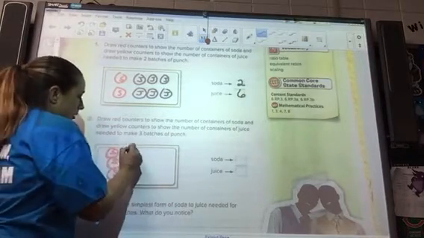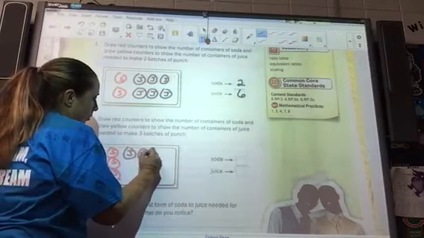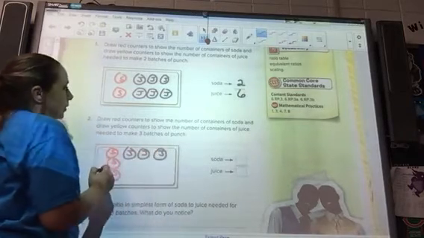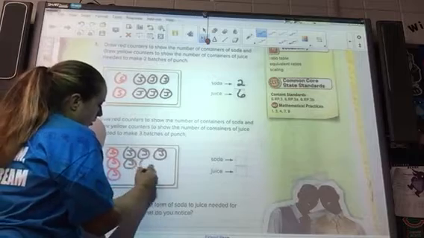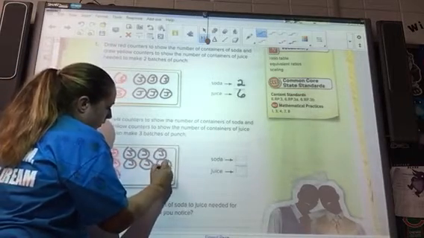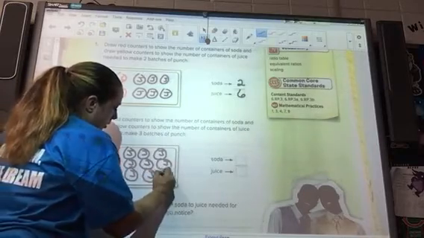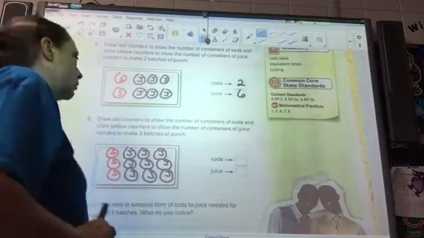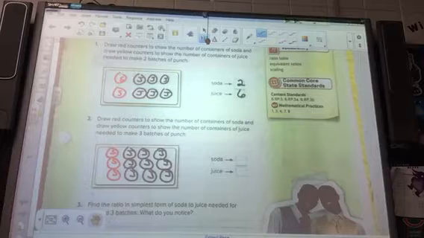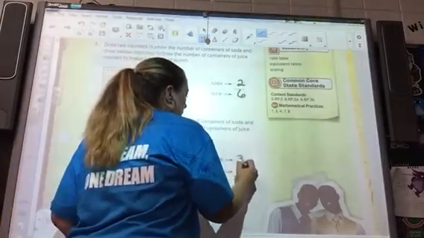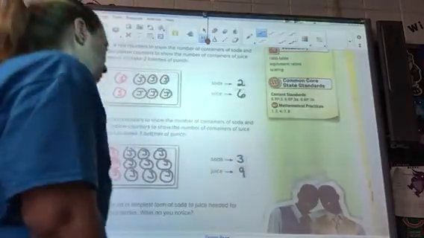Then we've got juice, juice, juice for the first batch, juice, juice, juice for the second, and juice, juice, juice for the third. So now, how many sodas to how many juice do we have? We have 3 sodas, 9 juice, 3 to 9.